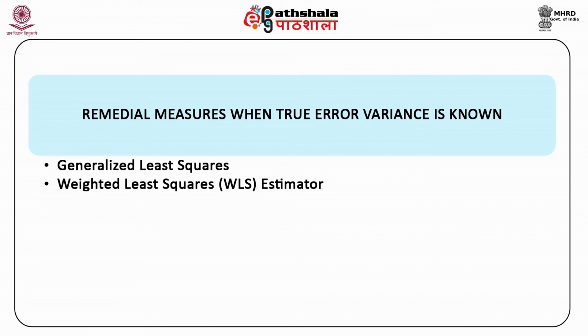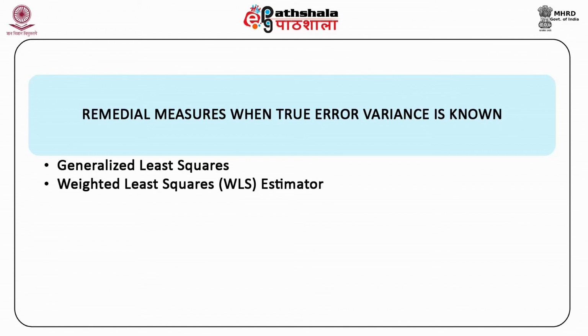From here on, we will discuss the remedial methods of heteroscedasticity when true error variance is known, which include generalized least squares and weighted least squares estimators as the most popular ones. This category is of great relevance because it's not always possible to obtain the true error variance for a study.